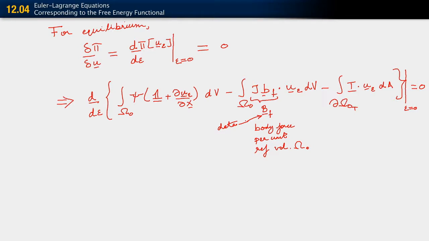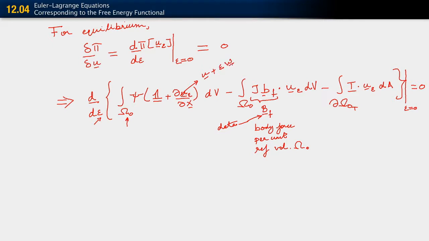Now, computing this derivative with respect to epsilon is actually a very easy task. This is because, first of all, our domain of integration, omega naught, is fixed, it being the reference configuration. And furthermore, when we write out u sub epsilon in terms of u and w, we observe that epsilon is simply a scalar.